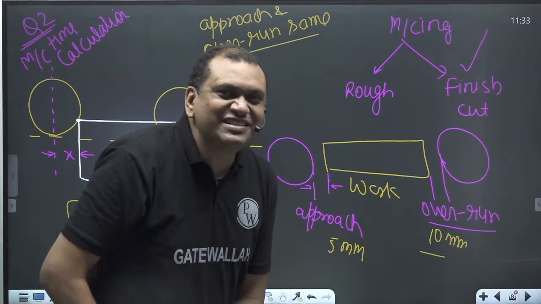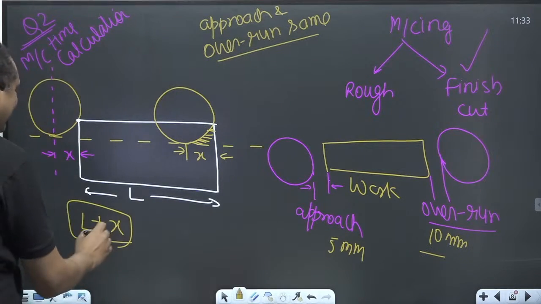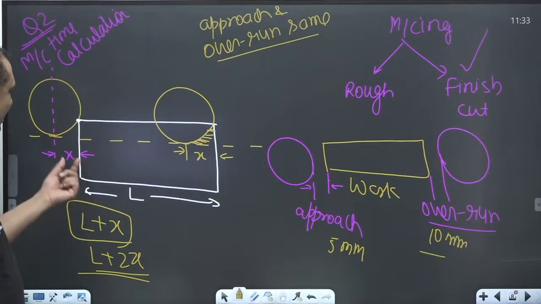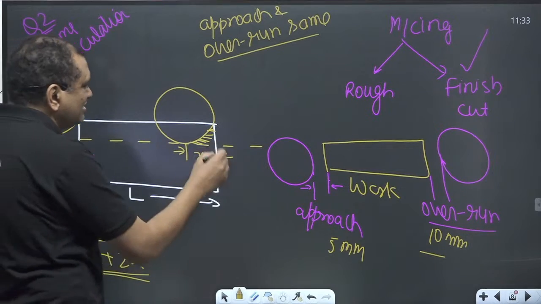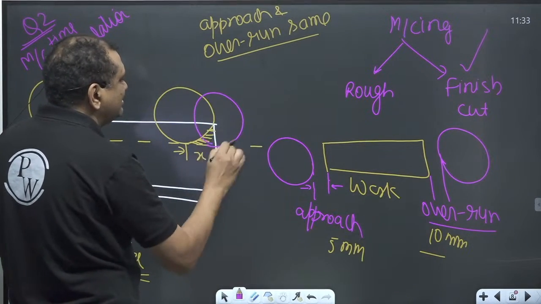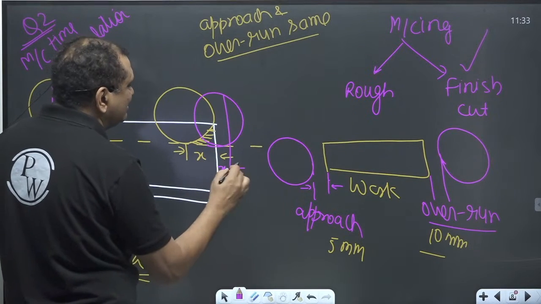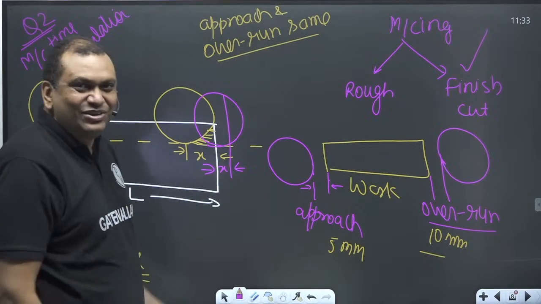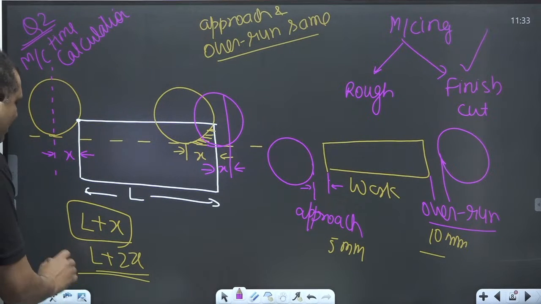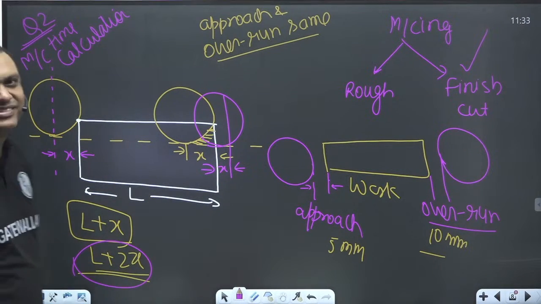You know what the question is indicating? Take this 2x. That will be the length of contact. Here the overrun means x. So approach and overrun are same, and numerical values are not given to you. Length of contact will be L plus 2x.